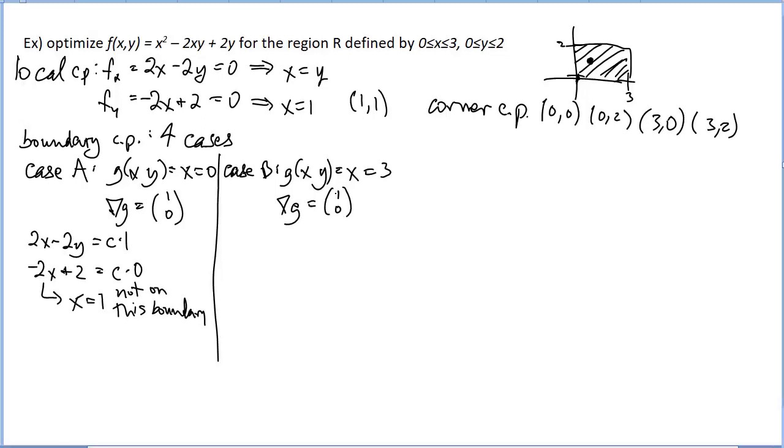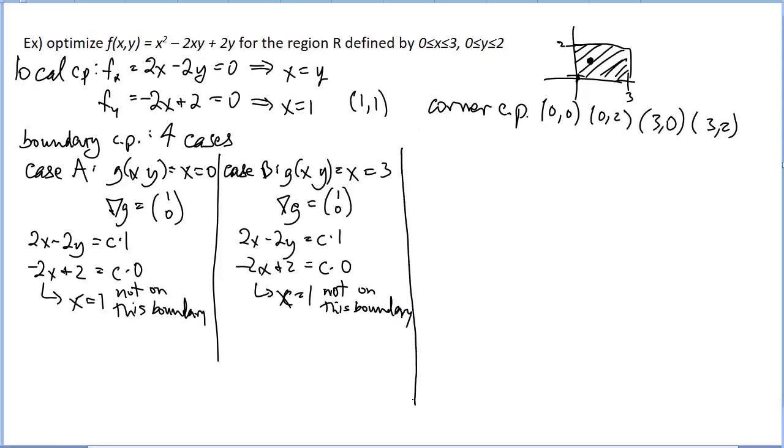Well, we're going to set up the exact same equations to get the exact same result. 2x minus 2y equals c times 1, negative 2x plus 2 equals c times 0. Second equation gives us x equals 1, which is not on this boundary.